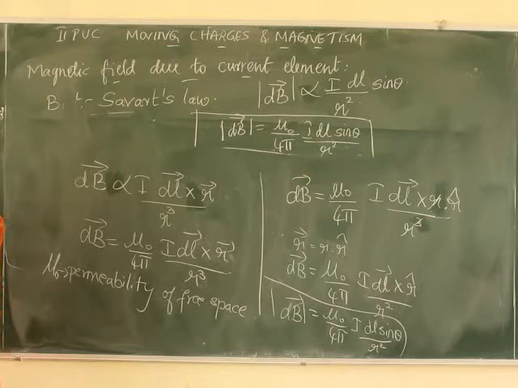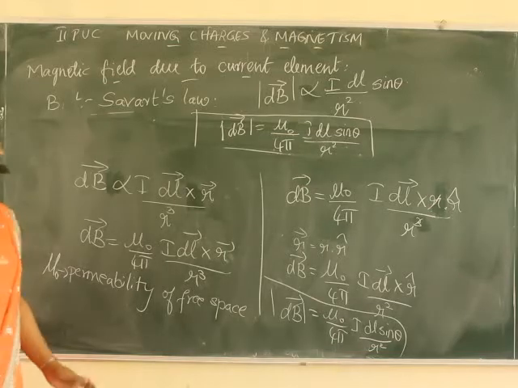Both about the difference you have to understand and write. In the next class, I will give the similarities, okay? And also, you have to write the difference between Biot-Savart's law and Coulomb's law. You have to give me two homeworks, okay?